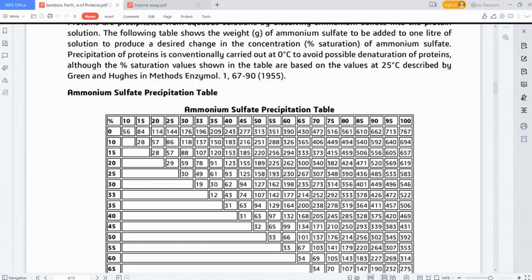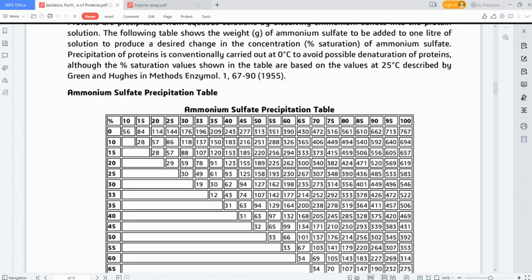But now, in the experiment, we don't actually know at what ammonium sulfate percent we precipitate our protein of interest. Okay? So what is advisable for us to do is to get different test tubes, say 1 to 10 or 1 to 20, so that we can accommodate all these percentages.